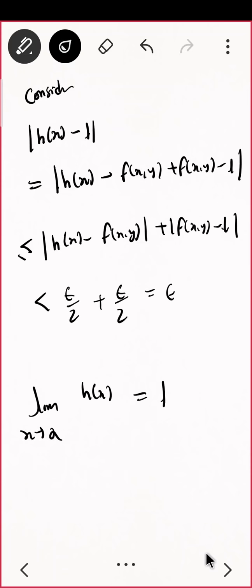Similarly, what will you do? We will consider mod of g of y minus L, correct? What will you do again? We will add and subtract f of x y.